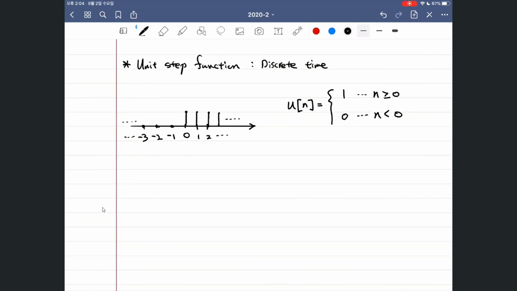And one more thing is the impulse function, also in discrete time first.